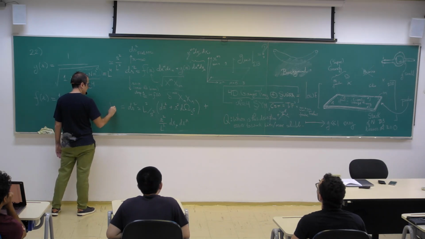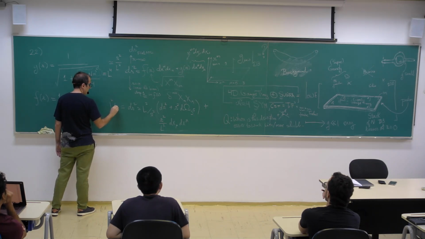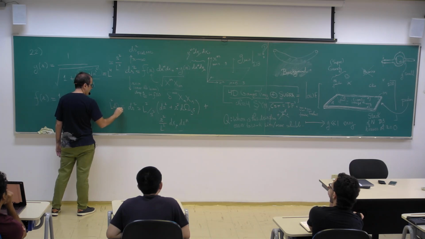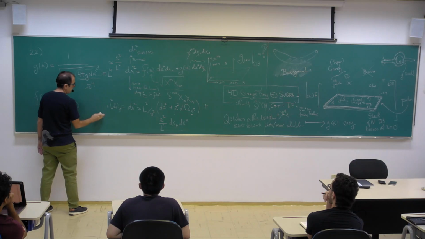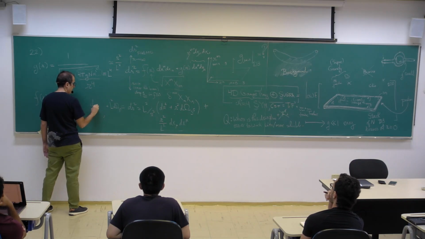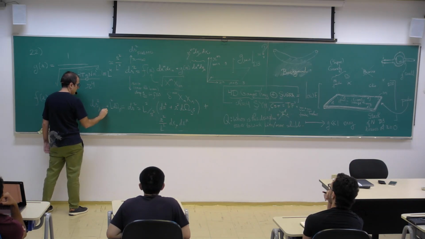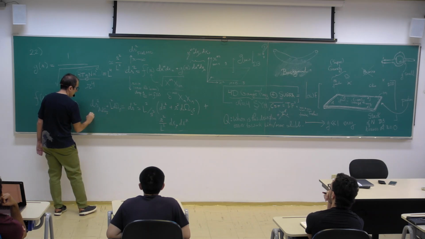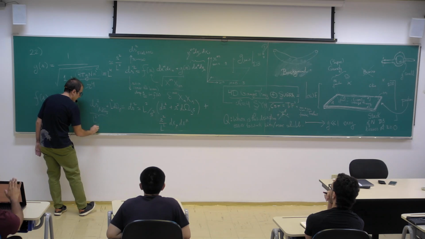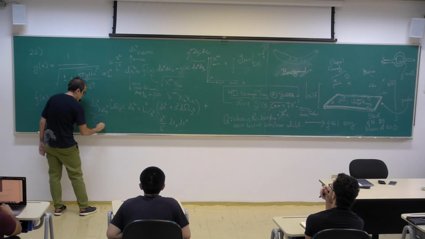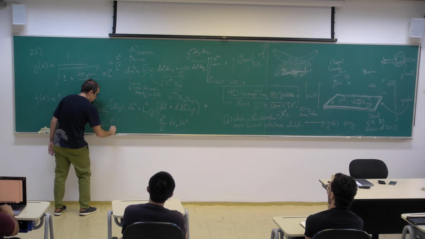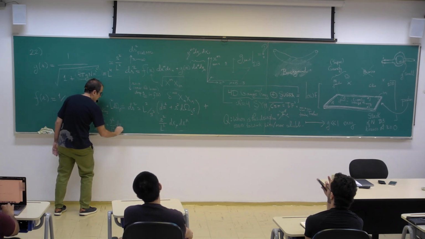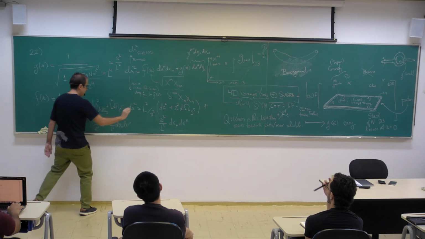I can say it's L squared times the metric of a 5-sphere plus another metric that I will call the metric of a space called AdS5, and this metric is whatever remains, so it's L squared over R squared dr squared plus R squared over L squared dx mu dx mu.